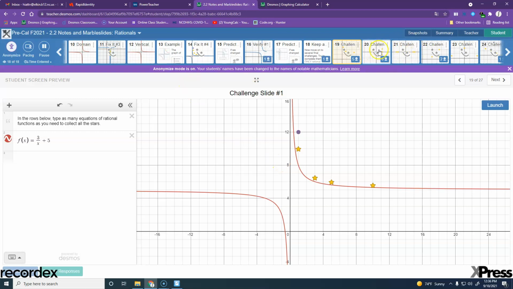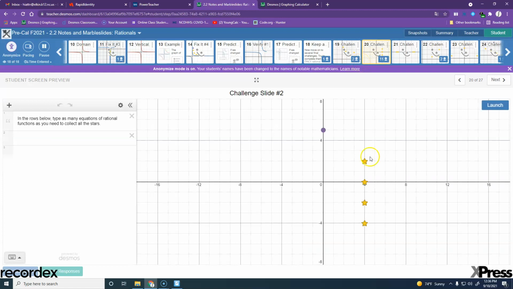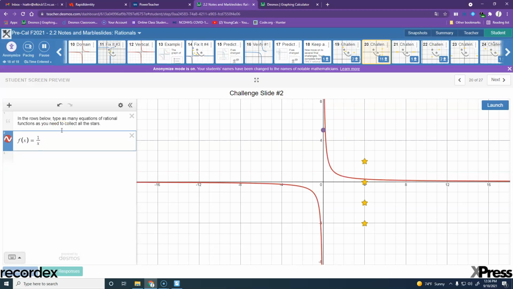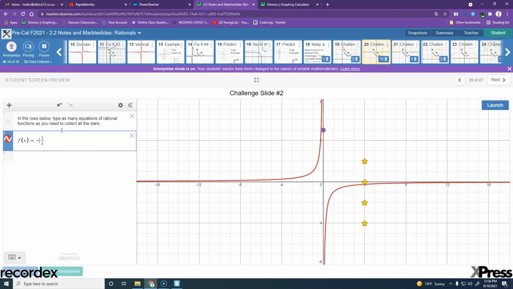So you have got lots of challenges that you're going to look at. So like for example here, it would probably be easier on this one to do this with maybe something linear here, because it's going to be kind of difficult to get this here. So remember, you can do something like this, put a negative in front.